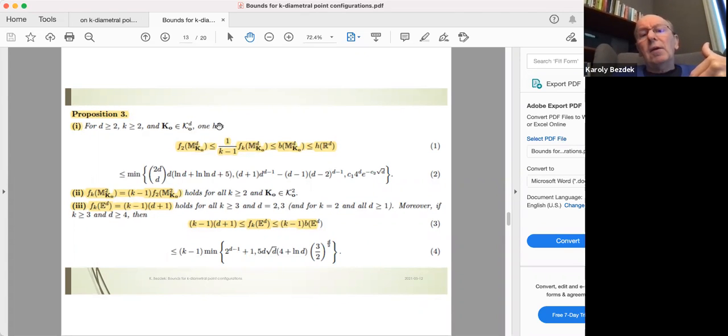And as you see here, we can upper bound this by the Borsuk number of the d-dimensional Minkowski space, and we can lower bound it by the maximum cardinality of the equilateral point configuration, where I put 1 over k minus 1 in front of f_k.